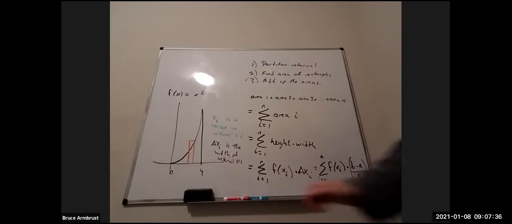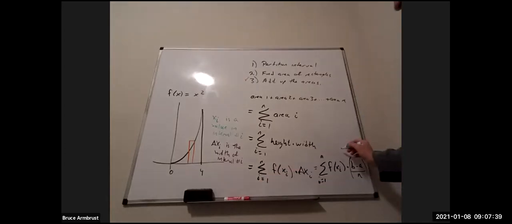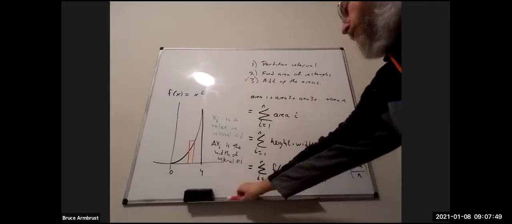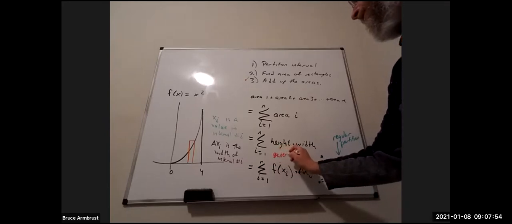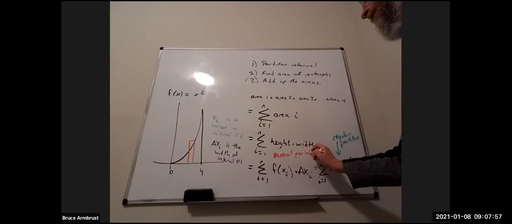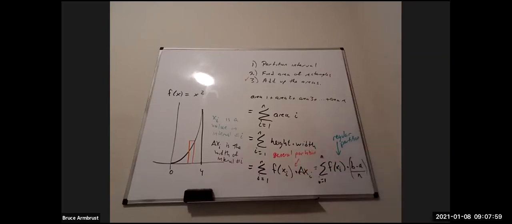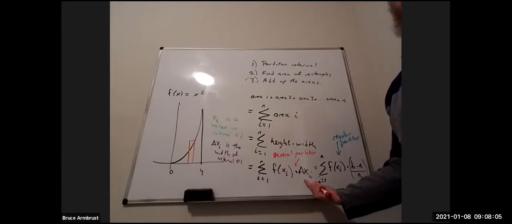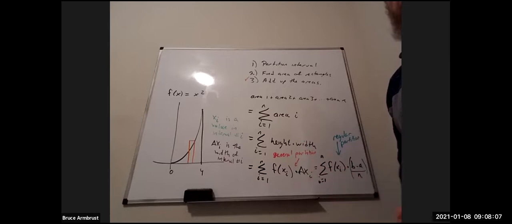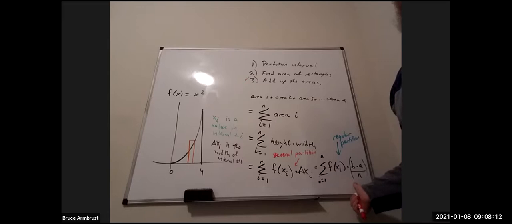The difference here is that this is for a regular partition, and this other one is for a general partition. If you don't want to make it so that the widths are all the same, that's fine. Just make sure you multiply the correct width every time. But it's going to be easier for us if we make them all the same, if we make them regular, and then we've got this formula right there.